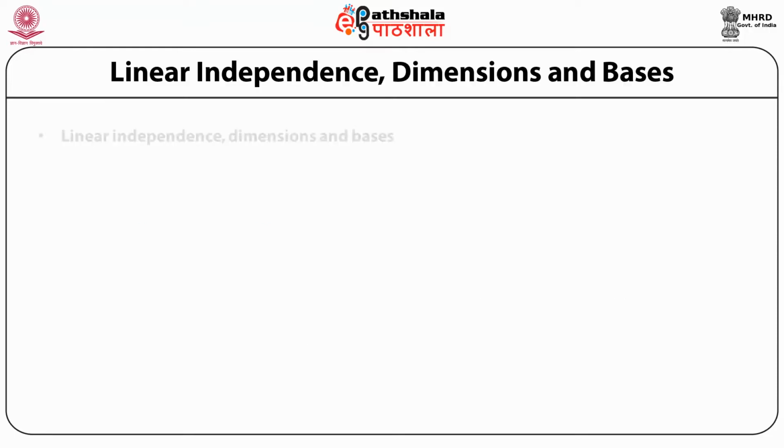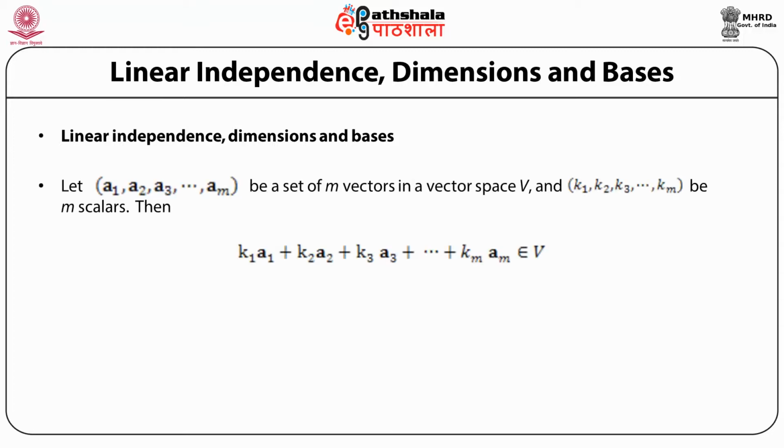We next take up linear independence, dimensions and bases. Let a1, a2, a3 until am be a set of m vectors in a vector space V, and let k1, k2, k3 and so on till km be m scalars.